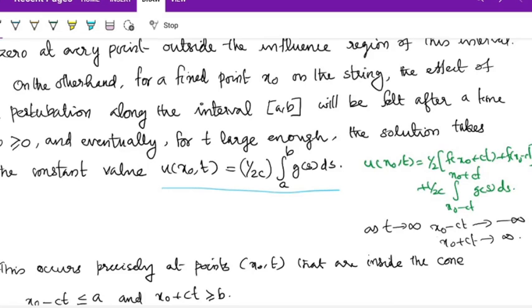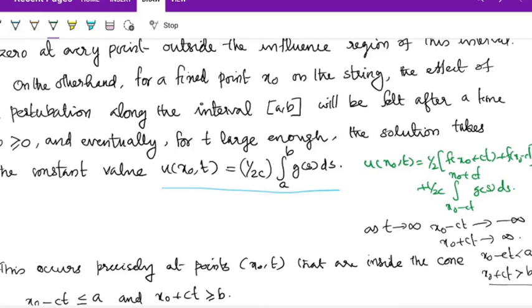So that means x naught minus ct will be less than a and x naught plus ct will be greater than b, isn't it?